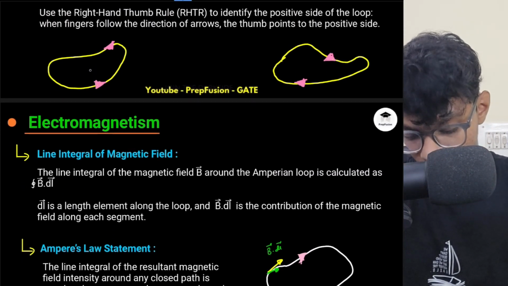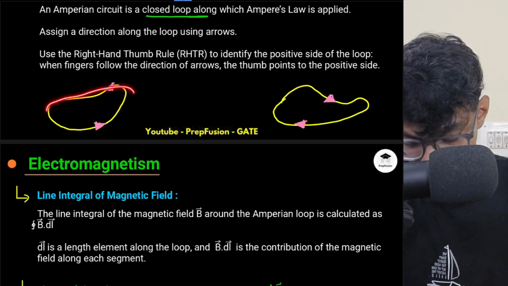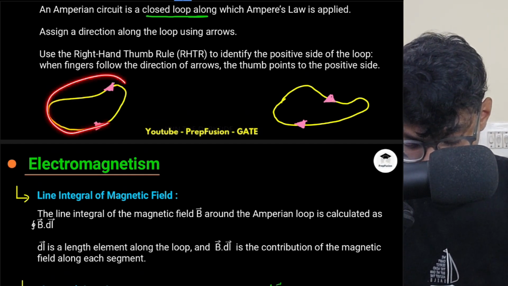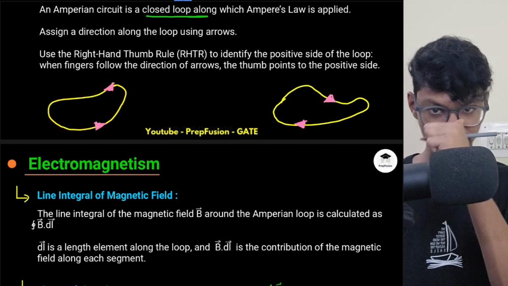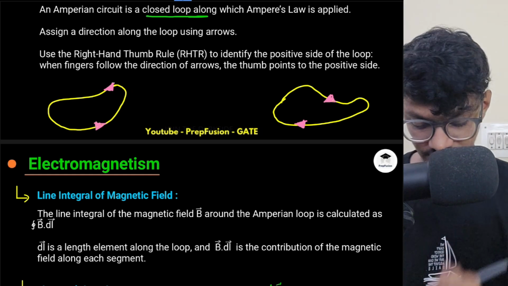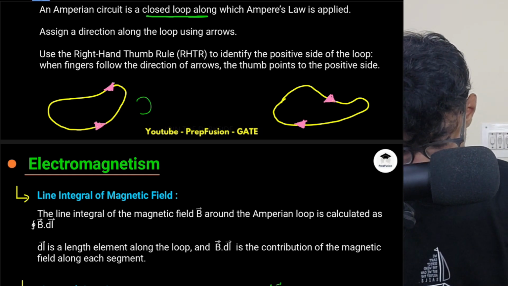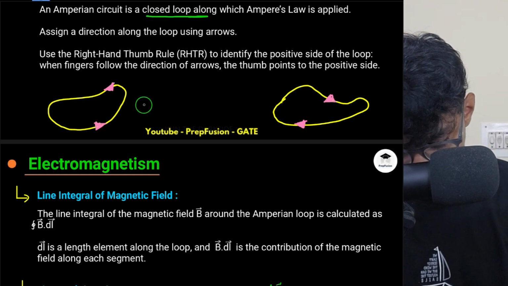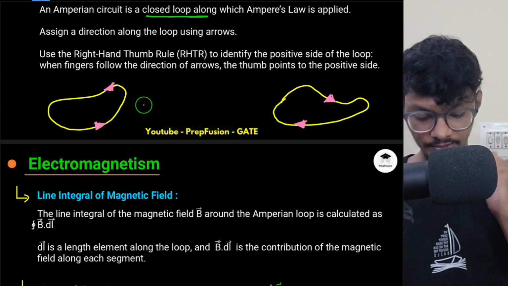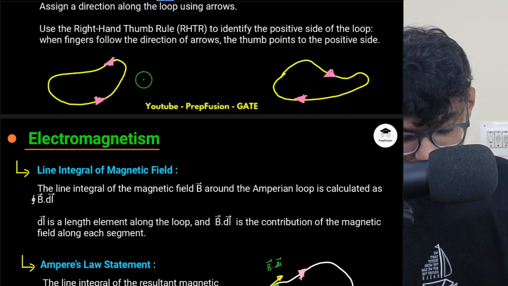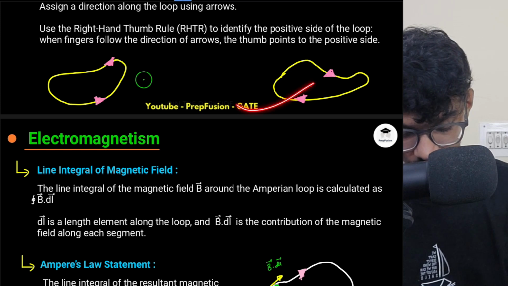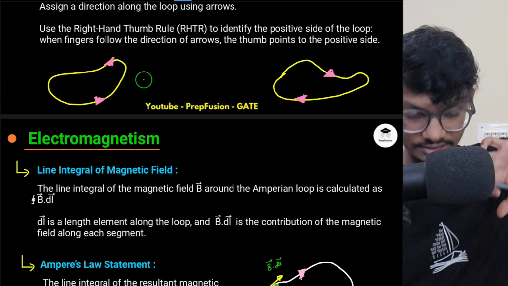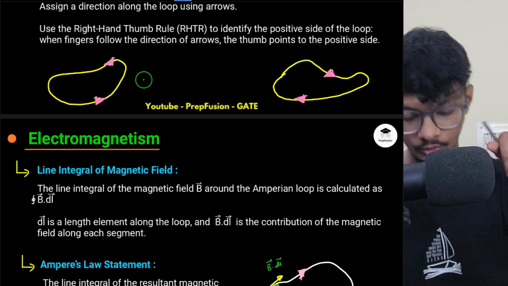Here I was explaining it top or bottom, or you can understand this is on the screen itself, on the plane itself. For this case, if I curl my finger, the arrow is coming towards me. So outside, the arrow coming towards me will be positive, and in this case it is in the clockwise direction. If I rotate in this direction, it is going away from me, into the screen.